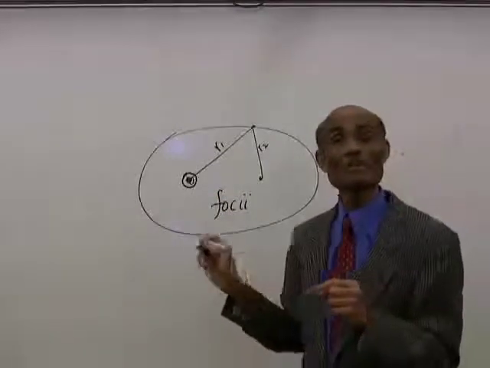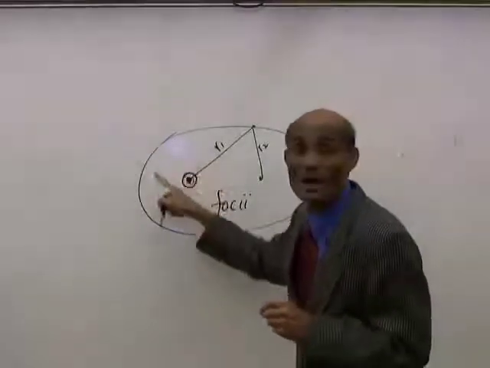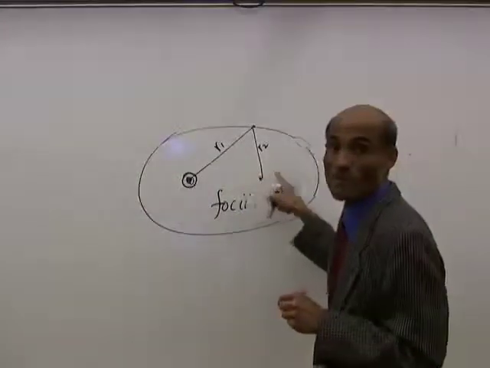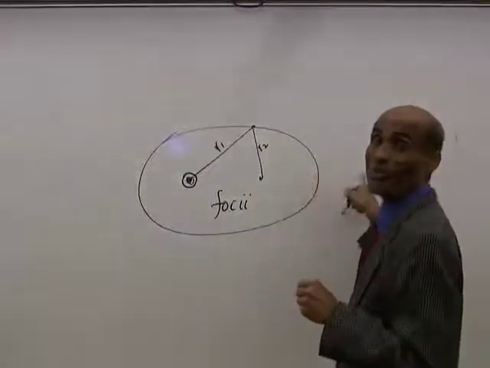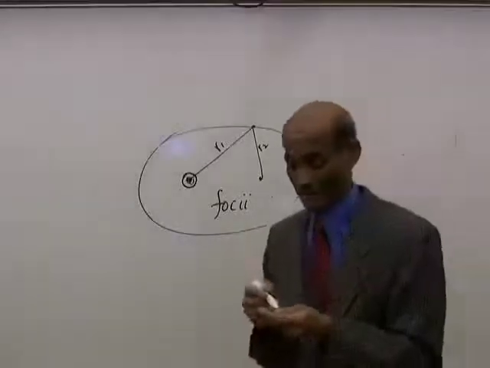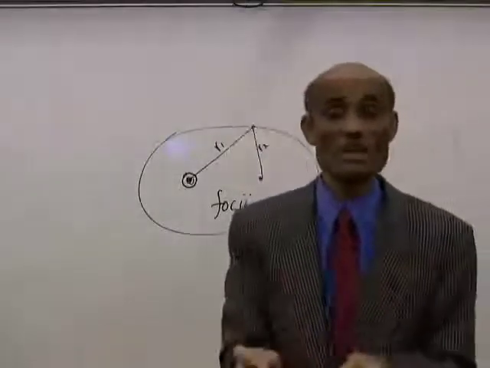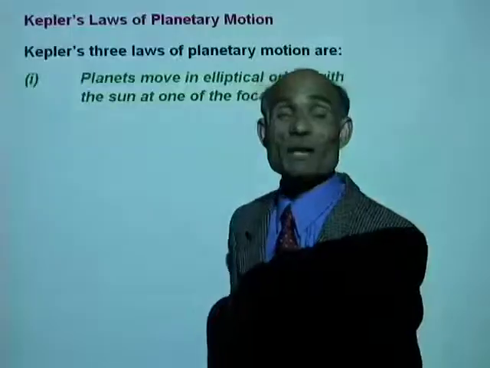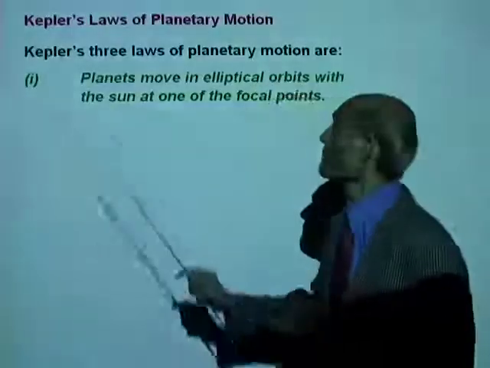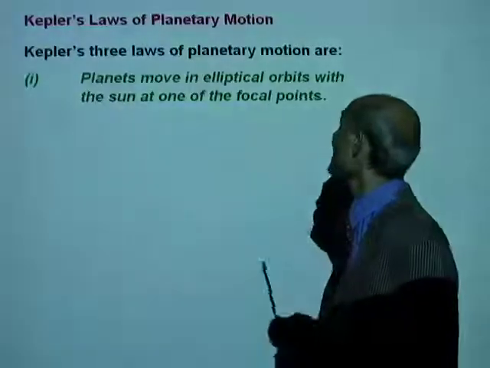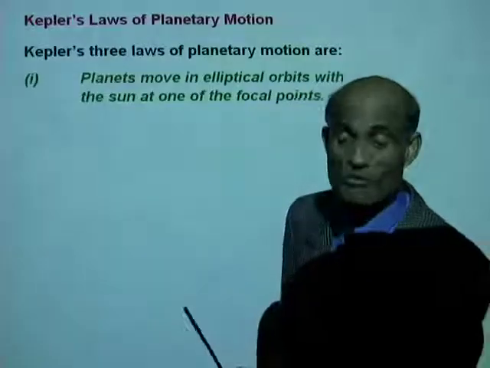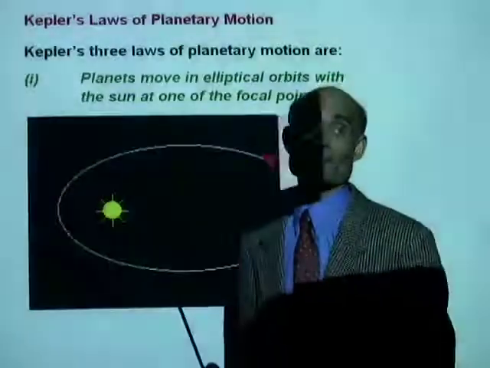What that means is, at some times the planet will be closer to the sun, some other times it will be farther away. Well, that is the distinction between an ellipse and a circle. So Kepler's first law, planets move in elliptical orbits with the sun at one of the focal points.